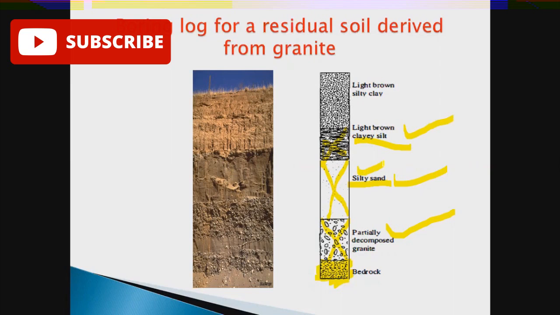So it remains on top of the silty sand, and on top of the clay silt, you will have silty clay, because the sizes of silty clay are finer than clay silt. The size of clay is less than 2 micron.